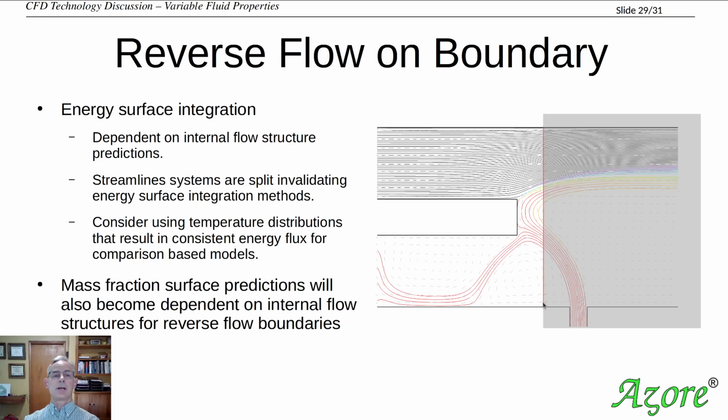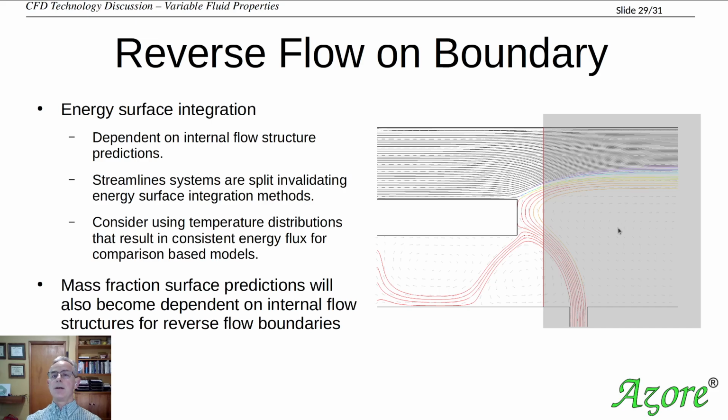To really do a comparative analysis of our systems, we should fall back and go back to our fundamental boundary condition, which is our energy boundary condition, and we would use temperature distributions right here that give us constant energy. So we want to put a constant amount of energy in at this location for whatever choices we may make downstream.